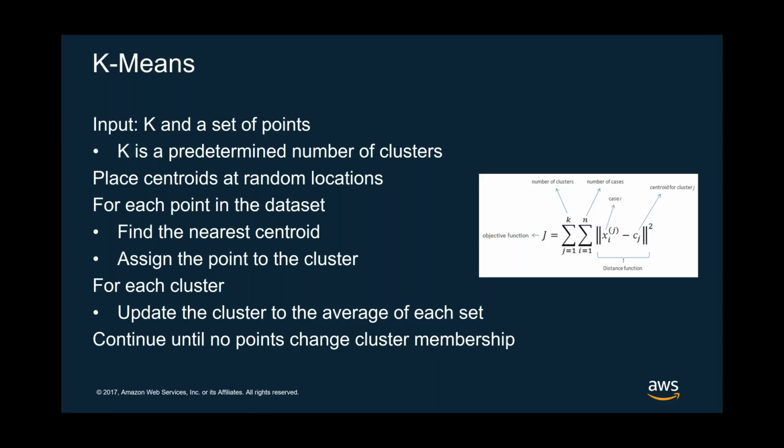So for example, if you had a collection of handwritten images and you knew that those images were all numbers, 0 through 9, it would be pretty easy to determine that the number of clusters you were going to get to once you've gone through those images would be 10, because there's only 10 digits.